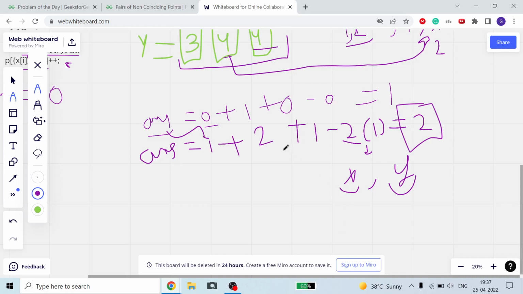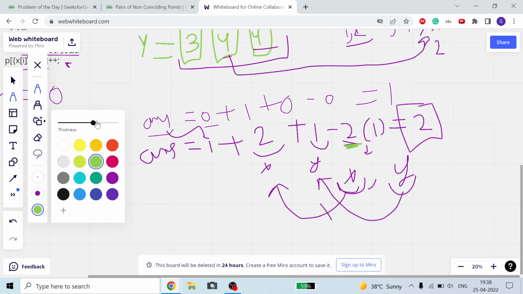All the values that have the same x coordinate, I add in this, so I will subtract this, and all the coordinates whose y value is equal, I will add in this. So I am decreasing it by 2, one because of this, one because of this.